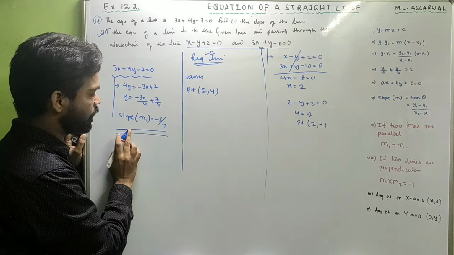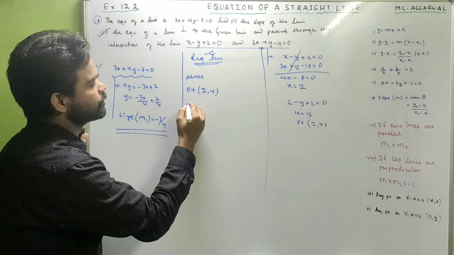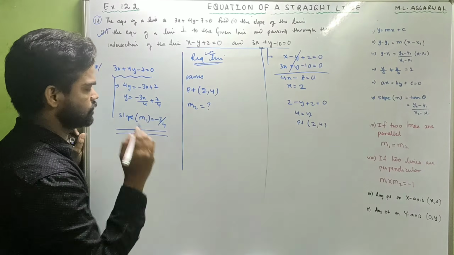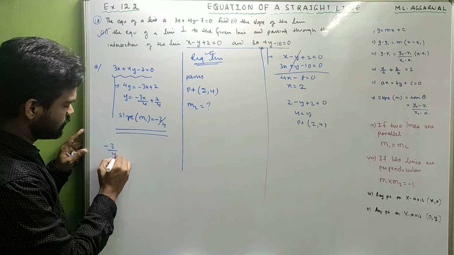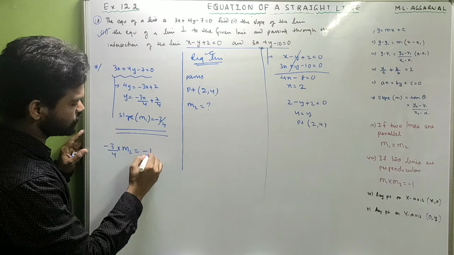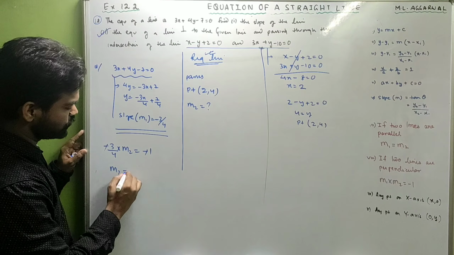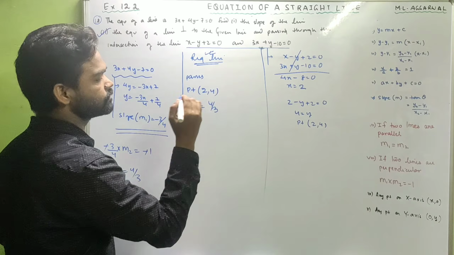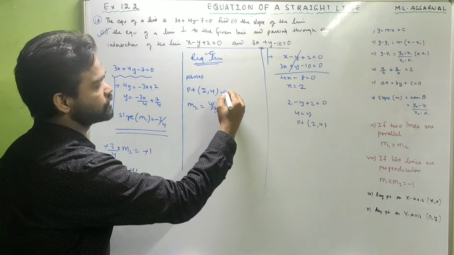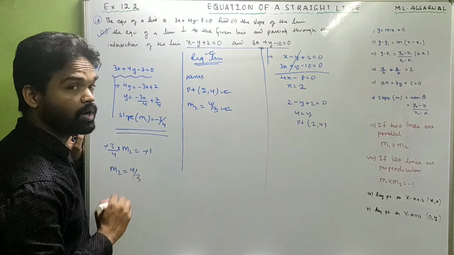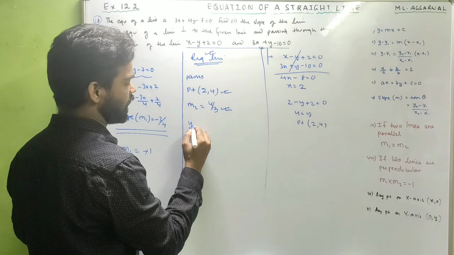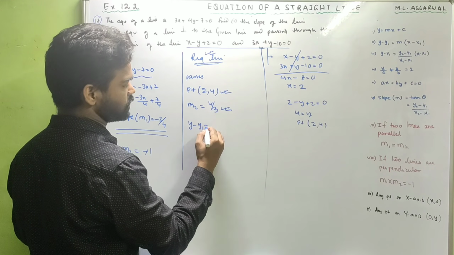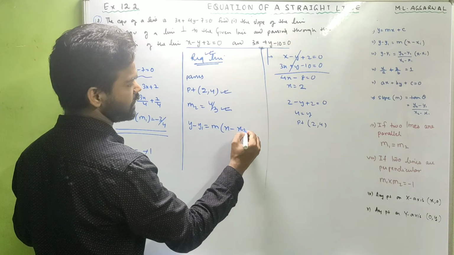And this is perpendicular to this line. So suppose the slope is m2. Then m1 multiplied by m2 is minus 1, which means m2 is 4 by 3. Now you have a point, you have a slope. Use the point slope form: y minus y1 equals m times x minus x1.